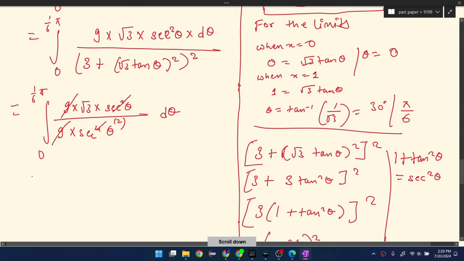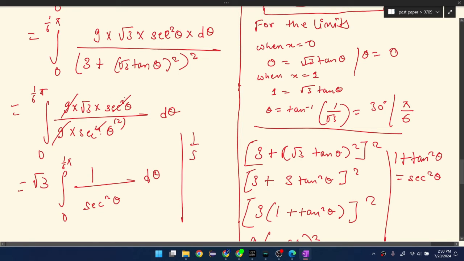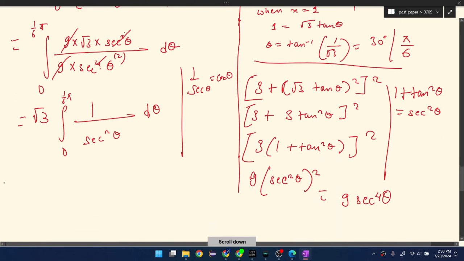Now we have root 3, and we can take it outside because it's just a constant. The integral from 0 to pi over 6 of 1 over sec squared theta, since sec squared divided by sec to the power 4 is 1 over sec squared theta, d theta. And we know that 1 over sec theta is equal to cos theta. So we can substitute this.